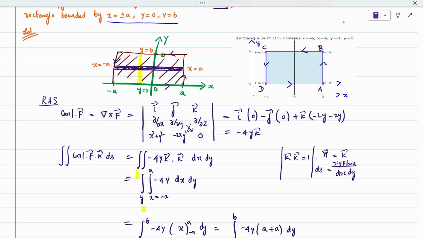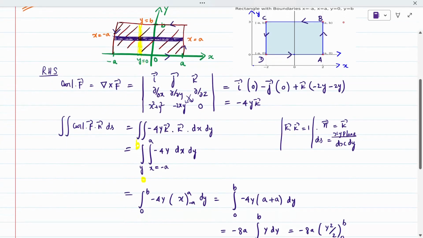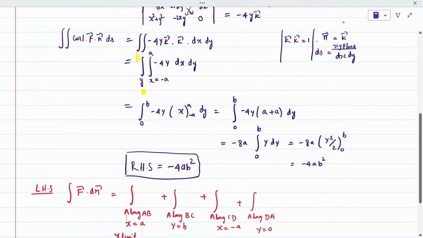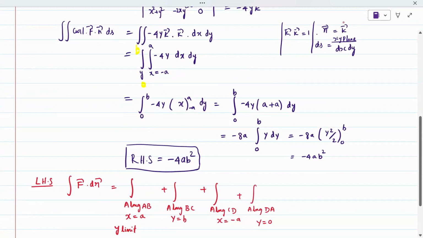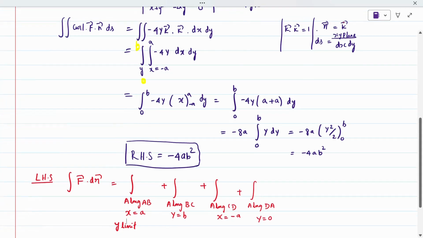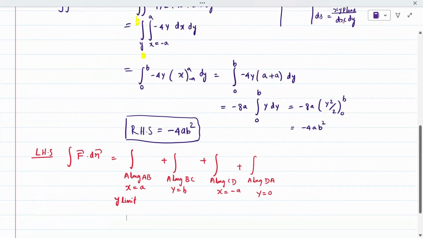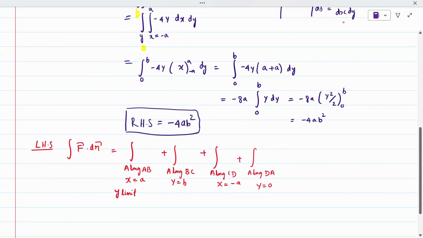So the up means 0 to B. The y limit is 0 to B. Okay, we have to write 0 to B for the y limit. So along AB, the y limit is 0 to B.